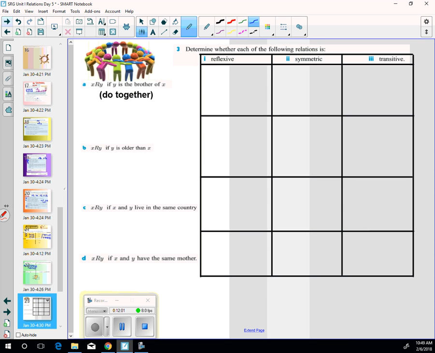And then with these, determine whether each of these relations is symmetric, reflexive, and transitive. We talked about those examples, and maybe it might help just to do the first one here. X relating Y: Y is the brother of X. Is that reflexive?